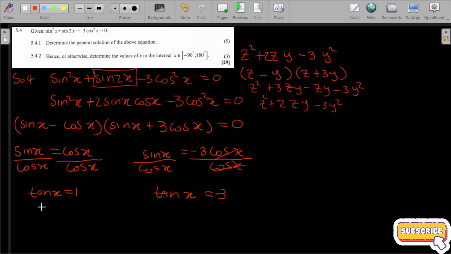Now, finding my reference angle here, in this case it's going to be equal to 45. And for my reference angle here, do I have a second function, tan negative 3? Yes.